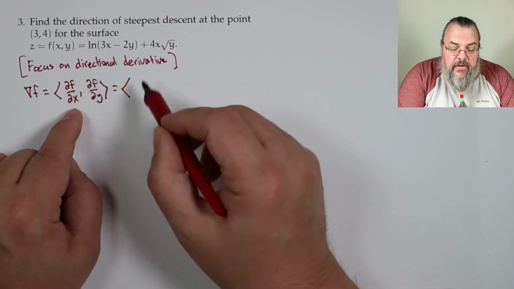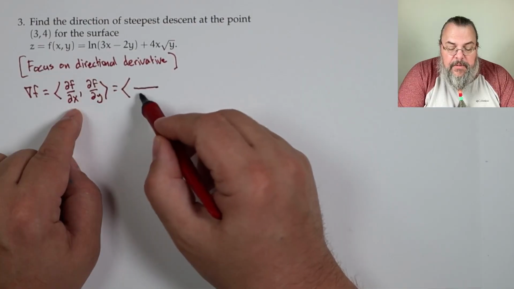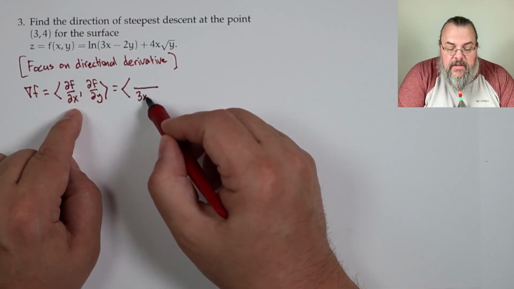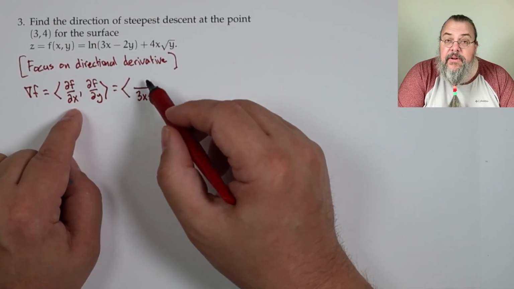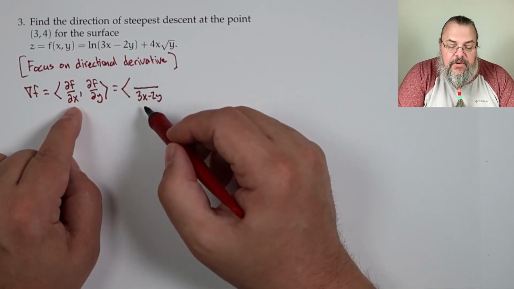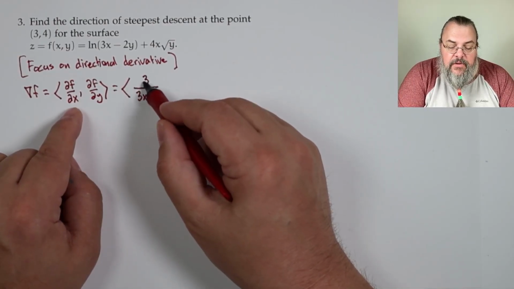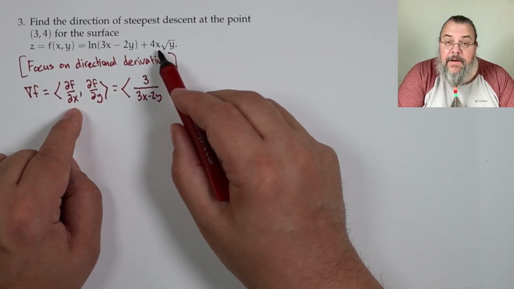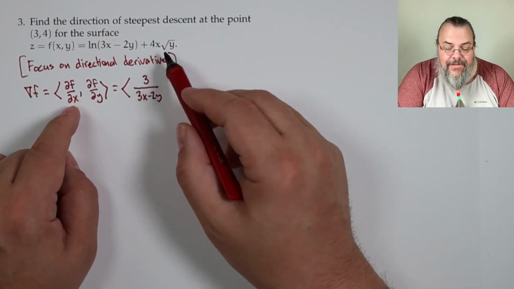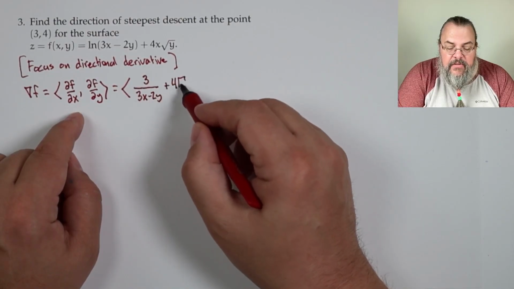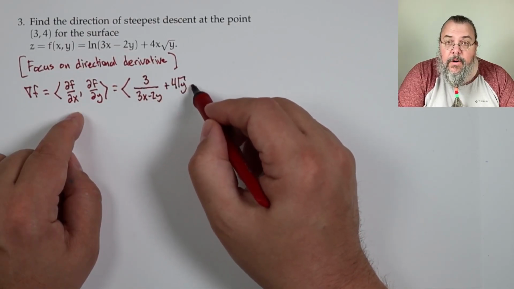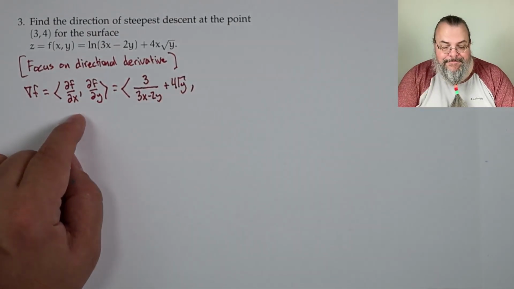Whenever I see a log, I remember to write a fraction. Downstairs is what's on the inside. And then take the derivative of the downstairs. Taking the derivative with respect to x would give us a 3. Here we have just a single x, so the derivative of that would be 1, but we still have the rest of it coming along as a constant, 4 root y, comma.